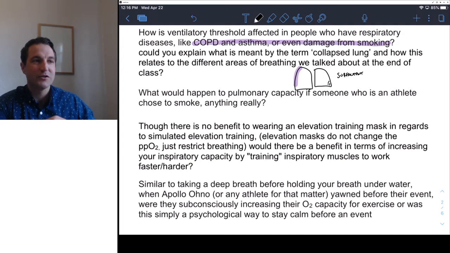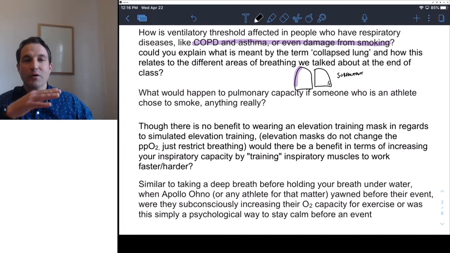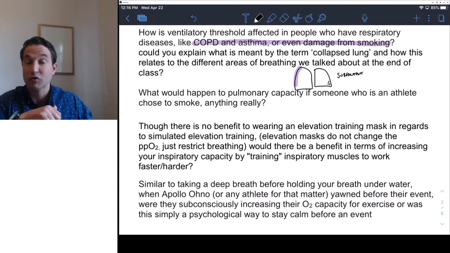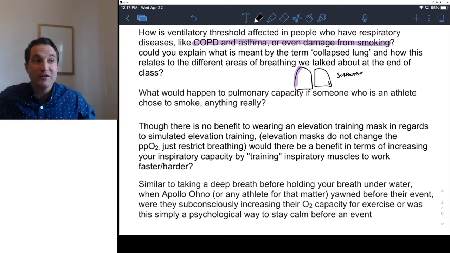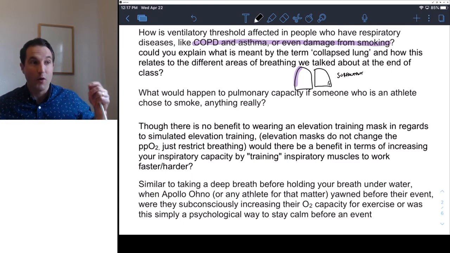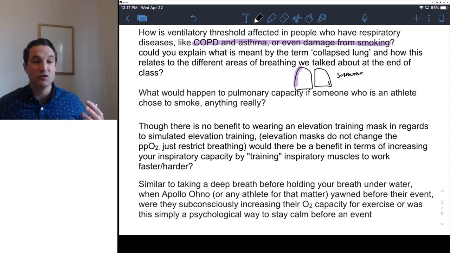The question here is, okay, elevation training masks don't improve your ability to transport oxygen because they don't change the partial pressure of oxygen. You're not going to get a stimulus for red blood cell production from training masks because they don't stimulate EPO by reducing partial pressure of oxygen. However, they make your inspiratory muscles work harder. So could this potentially improve your performance or have a training benefit due to the training that your respiratory muscles are getting?